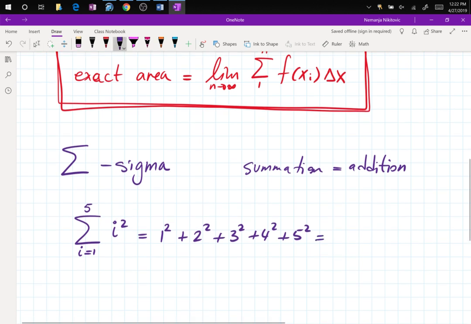And now you can compute this, right? It's 1 plus 4 plus 9 plus 16 plus 25. So that's 10, 20, 30, 55. So, 55.